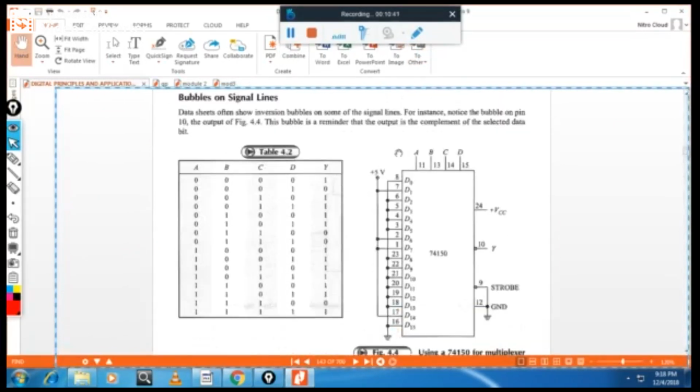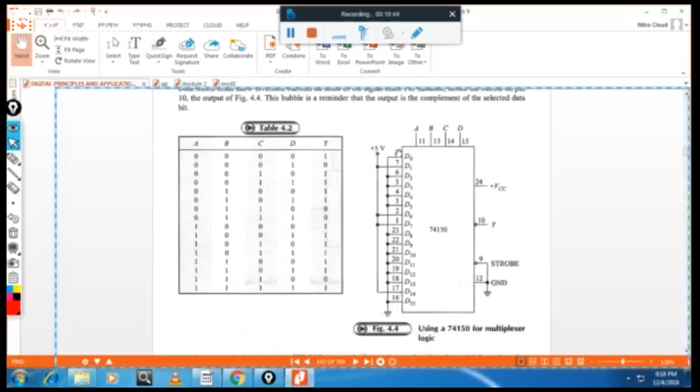Now we will see how to implement a particular truth table using a 16:1 multiplexer, using the 74150. Here is one truth table with 4 variables, and this is the output. The output is written based on certain conditions.